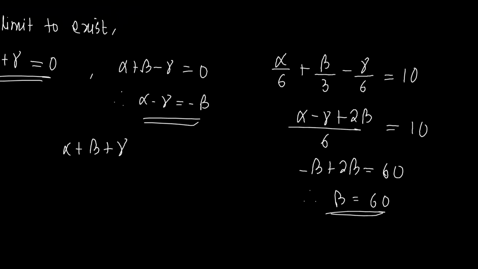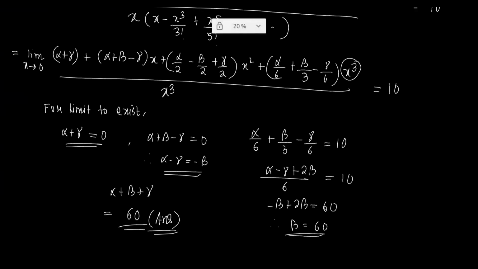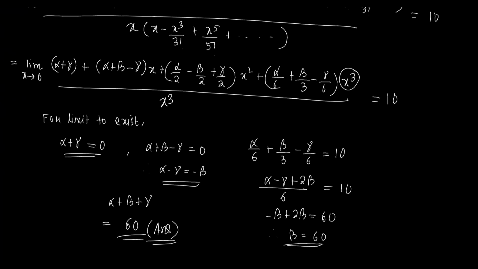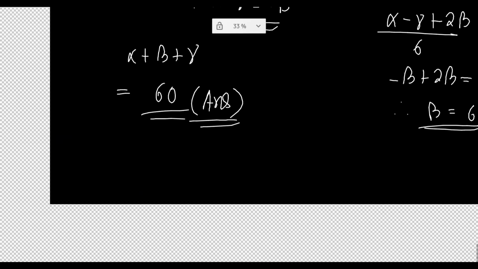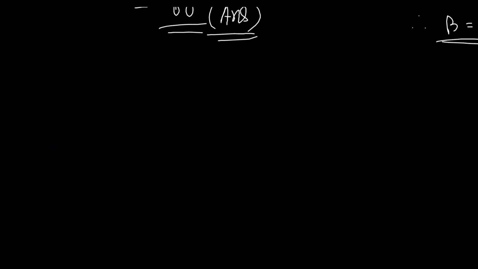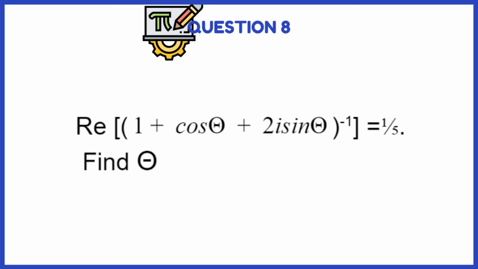Alpha plus gamma we know that is equal to 0, and beta we have got 60. So the answer is 60. Okay, so this is the required answer. If you do by formula, it will take a lot of time, and using series expansion it will be easier.